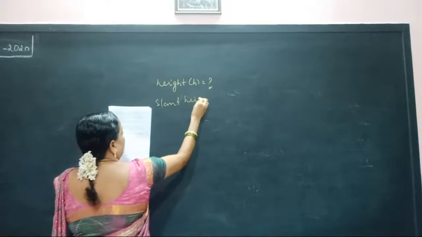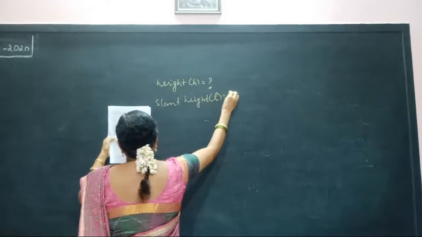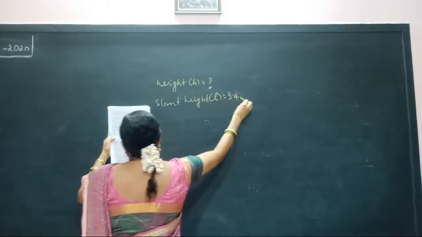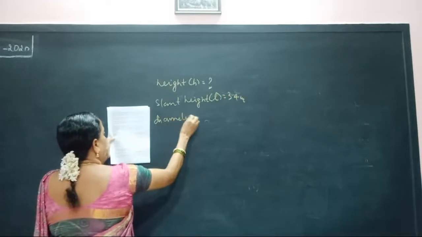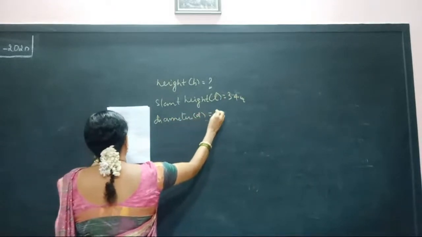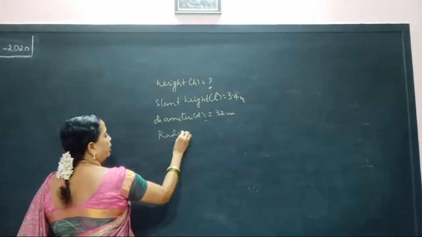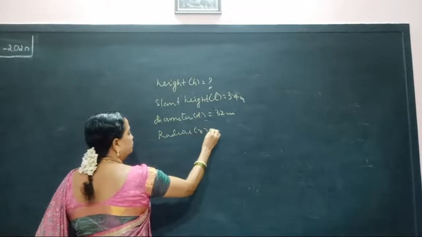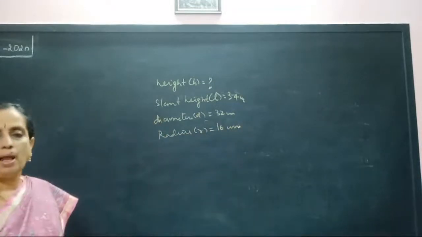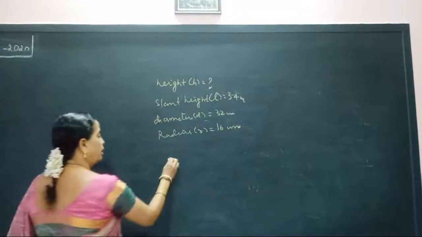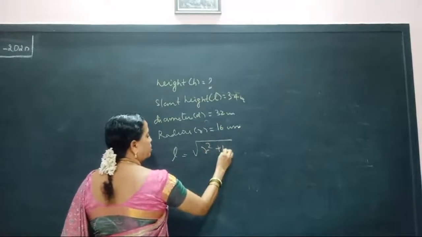Vertical height is H, slant height is L. Slant height is 34 centimeter. Diameter is given, so don't confuse diameter with radius. D equals 32 centimeter. Therefore, radius equals 16 centimeter. As usual, the formula: L equals root of R square plus H square.